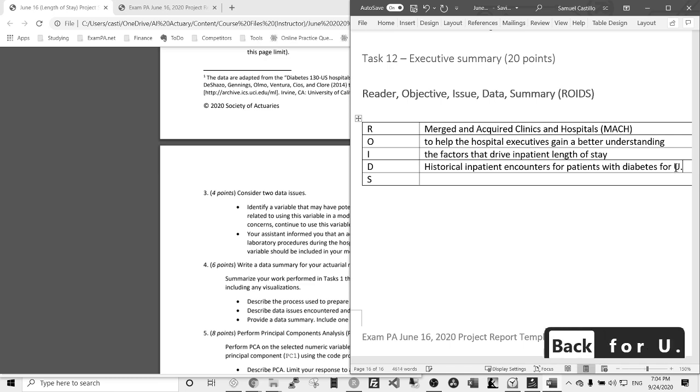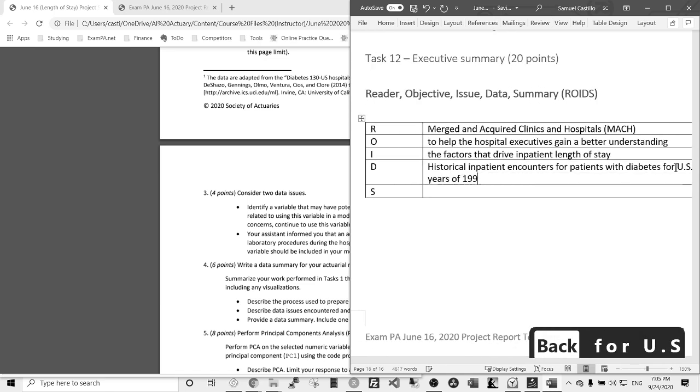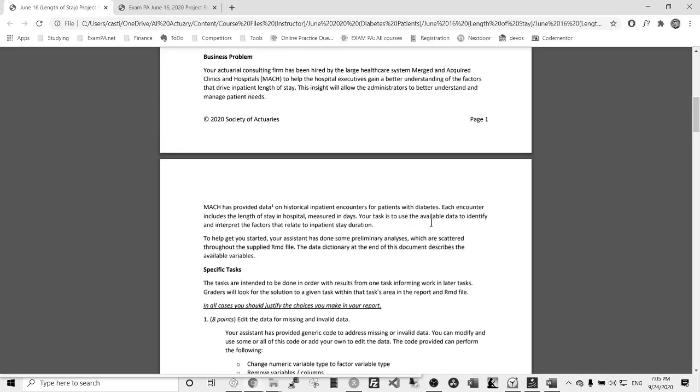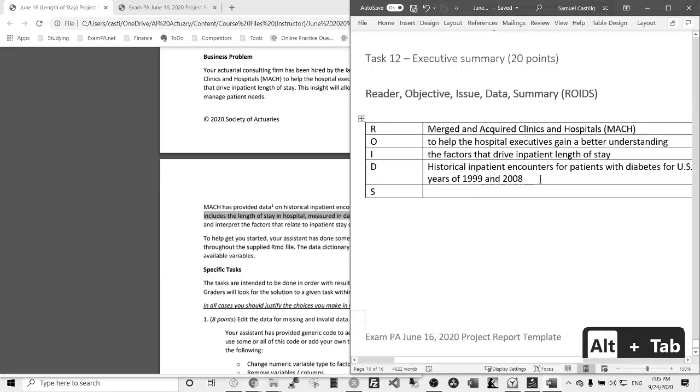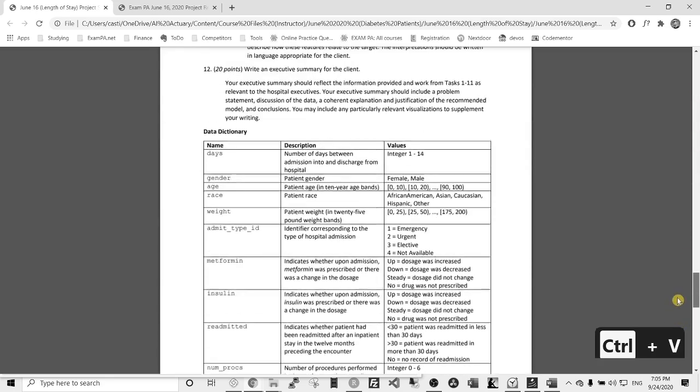You can also include the variables. So each encounter includes the length of hospital stay measured in days, as well as each of the variables. This is just a summary of the data dictionary.